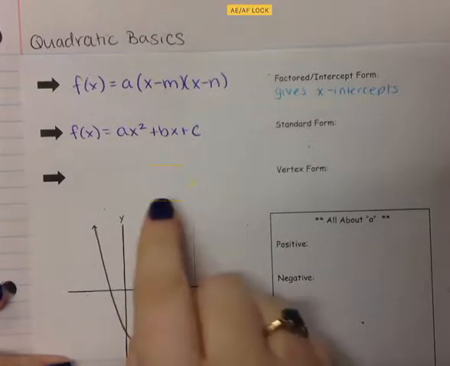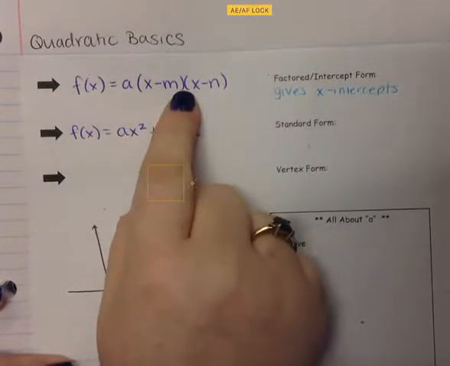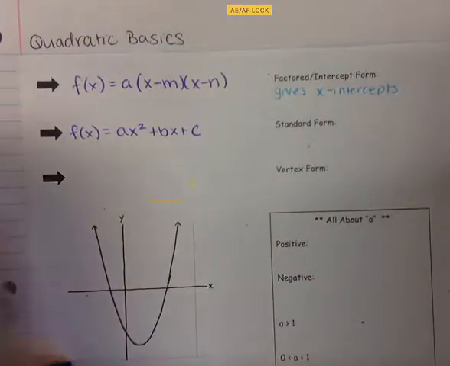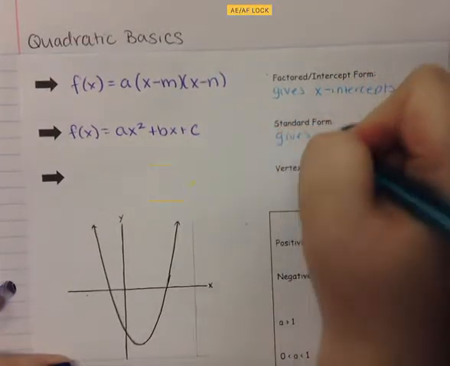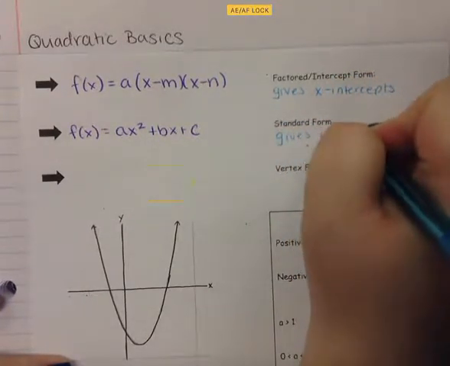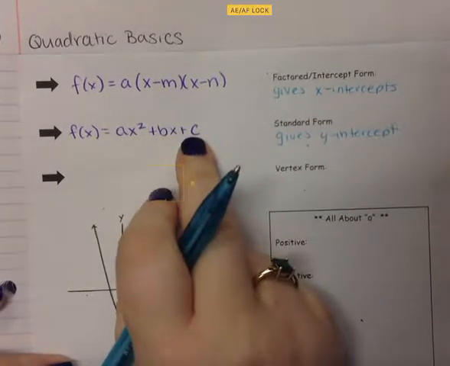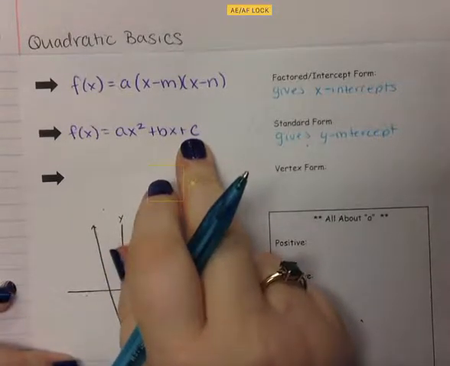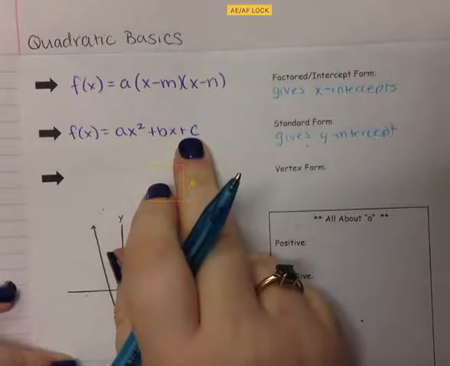Now, standard form you can factor to get into the other form so you can get your x-intercepts, but standard form will actually automatically give you your y-intercept. And that'll be the c value. It'll be 0, c. Just like in a linear, it's your mx plus b. That constant term in most functions will be the y-intercept.